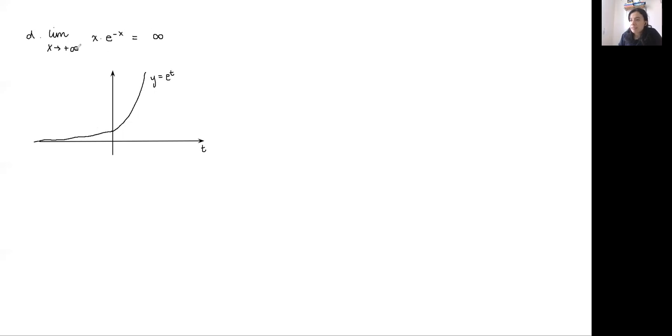And so that means that if x is going to plus infinity, then e to the minus x is like e to the power of minus infinity, or the limit as x goes to minus infinity.